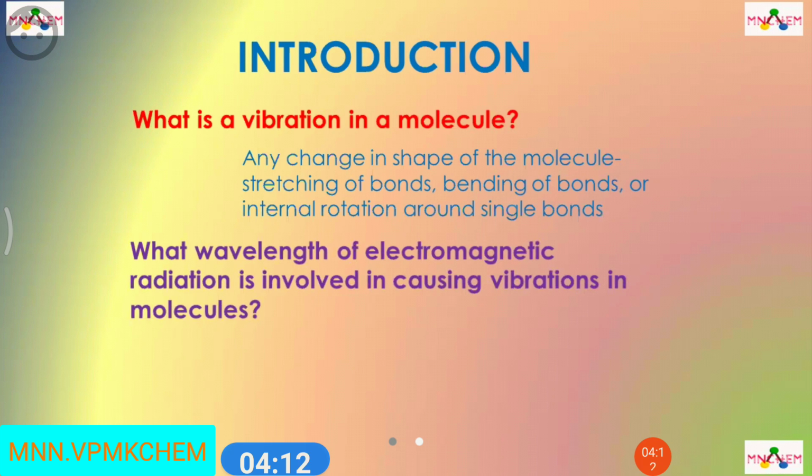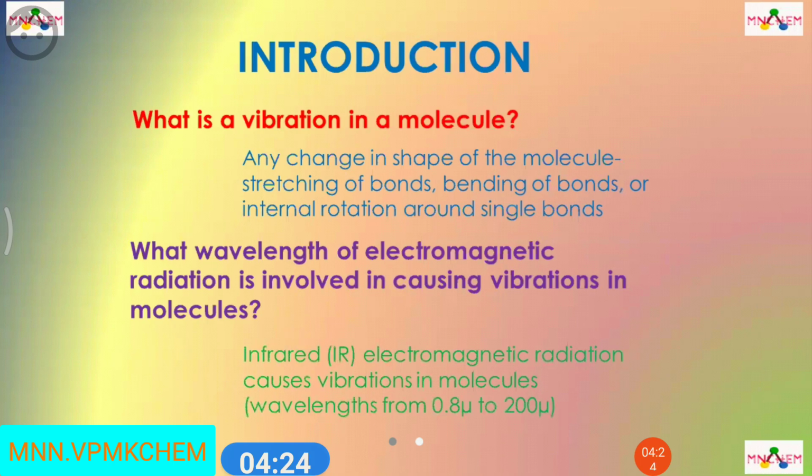Which wavelengths are responsible for causing these changes in vibrations? The answer is simple: infrared radiations cause vibration in the molecule. These infrared radiations have wavelengths from 0.8 micron to 200 micron. This is the region of electromagnetic radiation referred to as the infrared region.